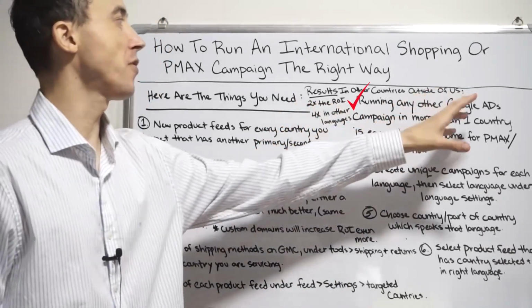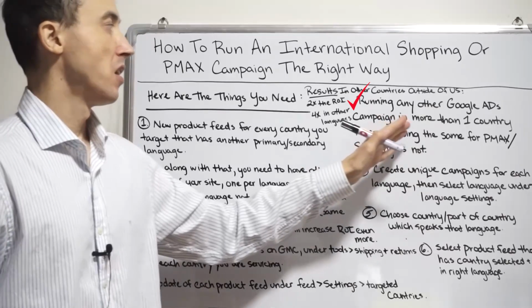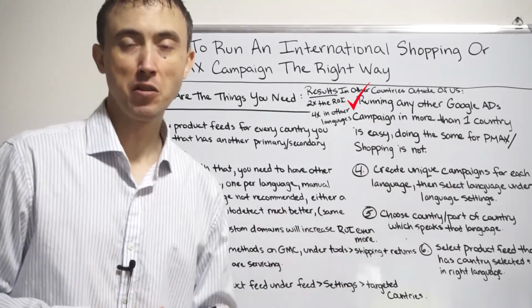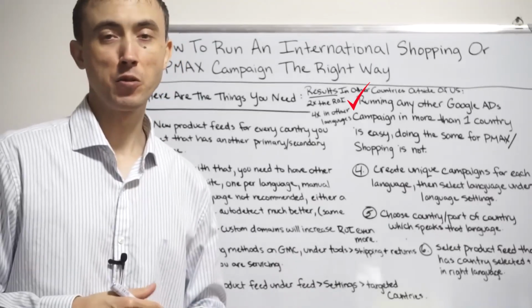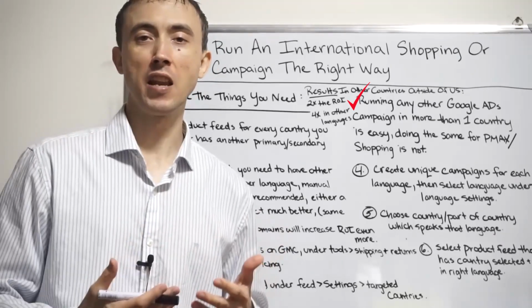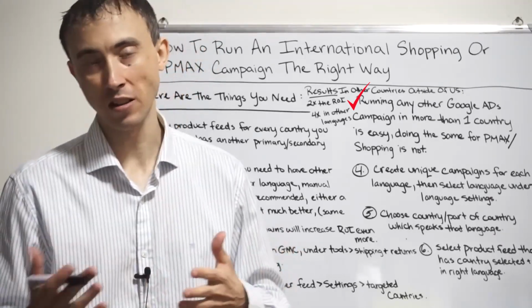So running any other Google Ads campaign in more than one country is obviously pretty easy to do. There's some considerations there. If you're advertising to someone that speaks another language, it can get sort of complicated. You need other sites, or a way to translate the site.